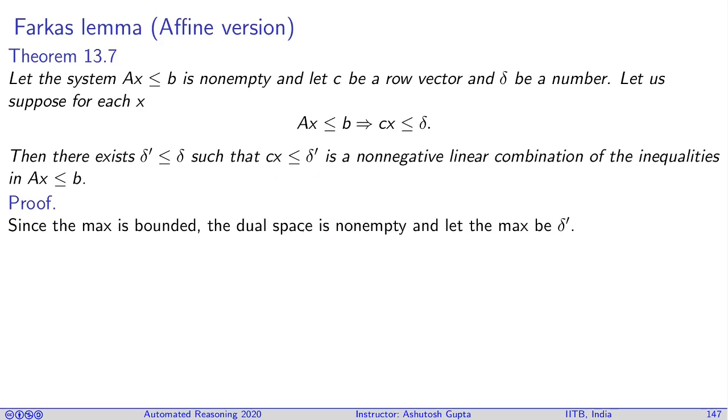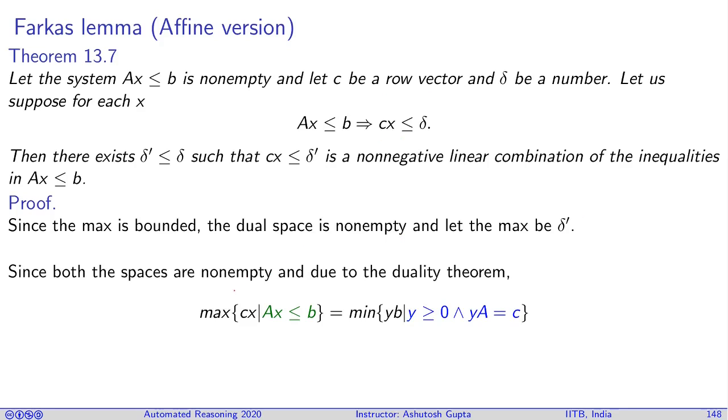How do we prove this? Since the max is bounded, the dual space is non-empty, that we have just proven, and let the max be delta prime. Okay, so the max is bounded because cx is less than or equal to delta. Since both spaces are non-empty, we can apply the duality theorem, so we can say that Ax less than or equal to b and y greater than or equal to 0 and yA equals c, the minima and maxima become equal.